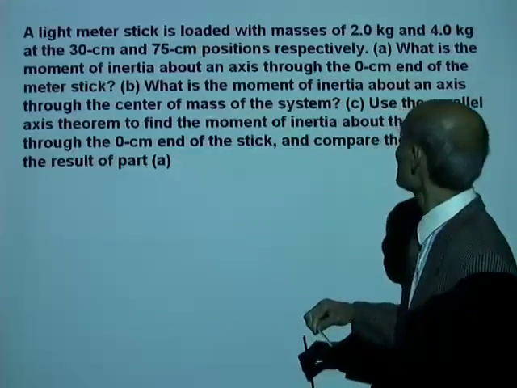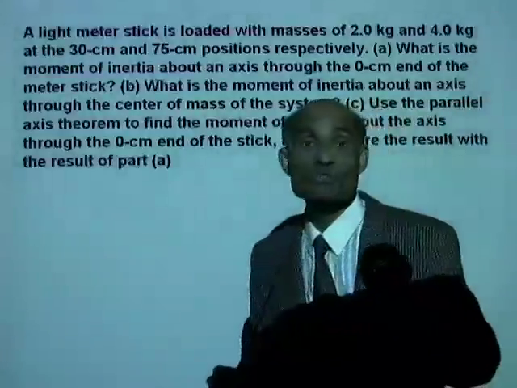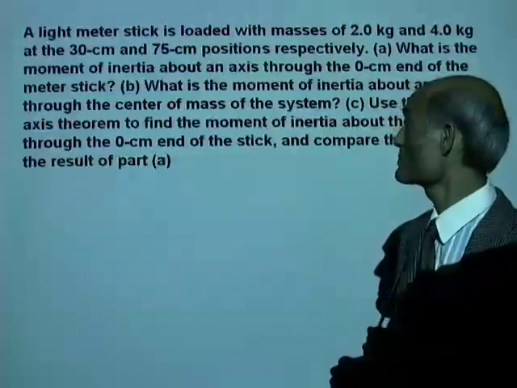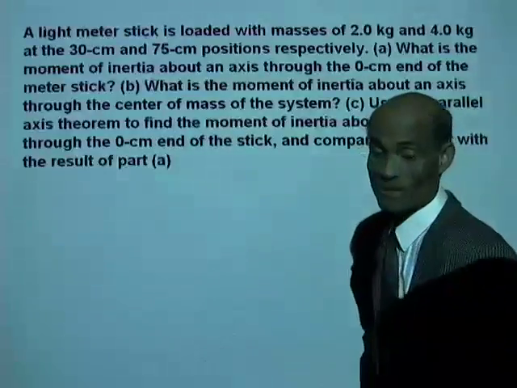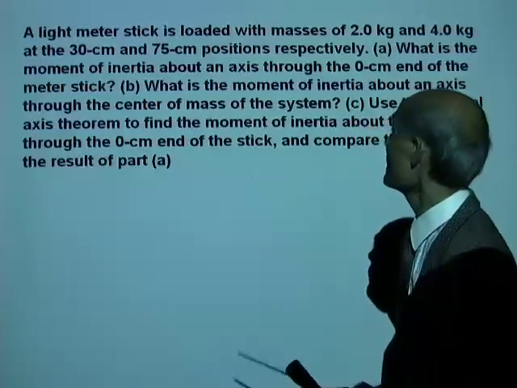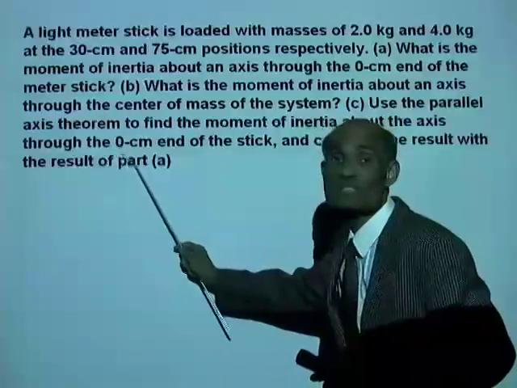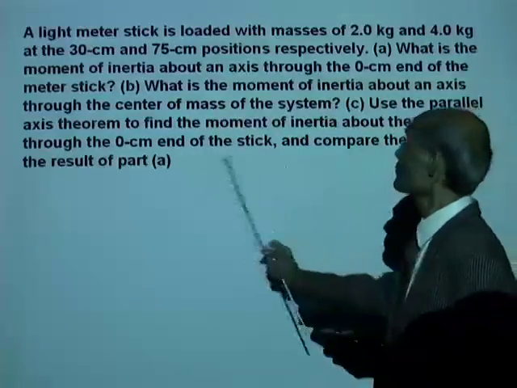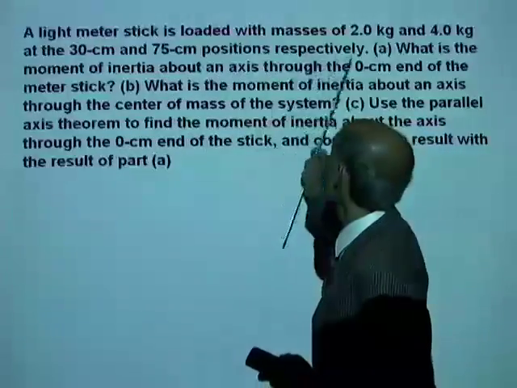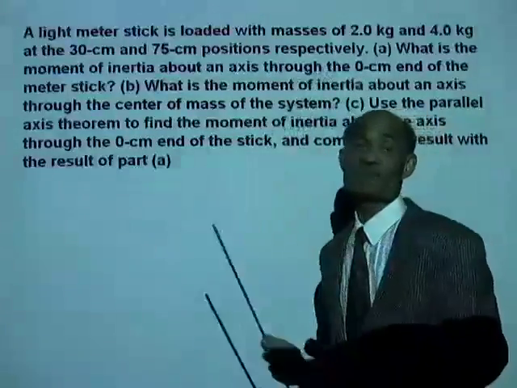What is the moment of inertia about an axis through the center of mass of the system? Use the parallel axis theorem to find the moment of inertia about the axis through the 0 centimeter of the stick and compare the result with the results you have in part A.